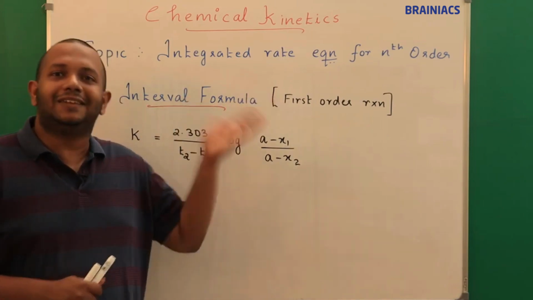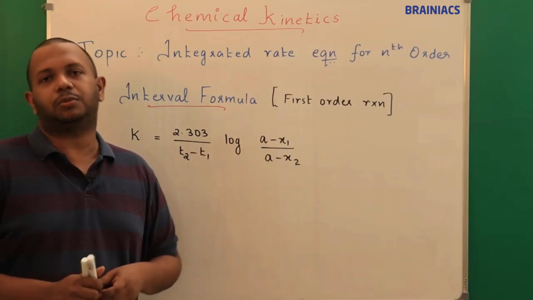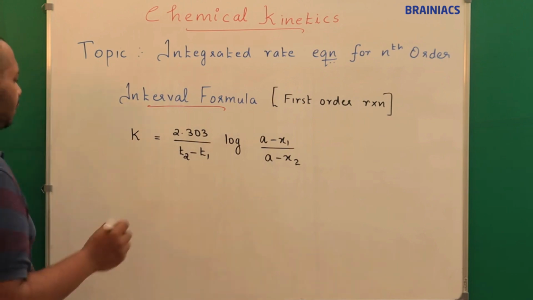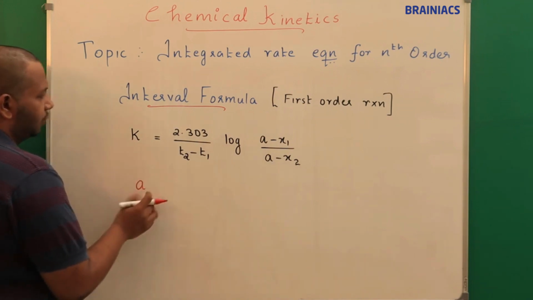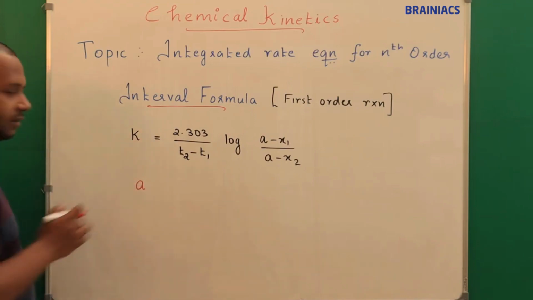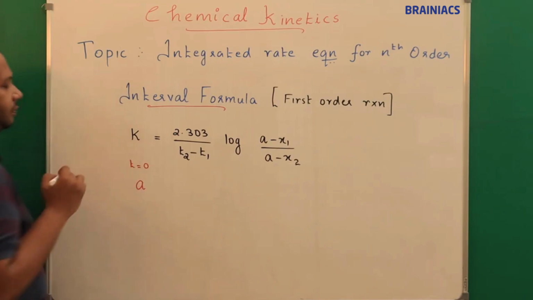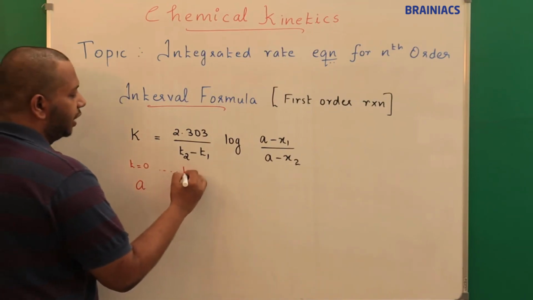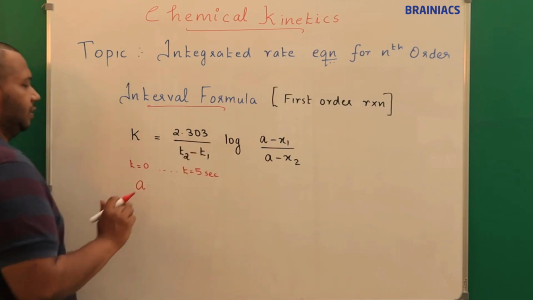So before I say the term interval formula, I will explain what is the circumstance I am talking about. Let's say, for example, you have initially the reactant whose concentration is given as A. This is at time t is equal to 0. Now as the time progresses, now comes a new time, that is t is equal to 5 seconds.